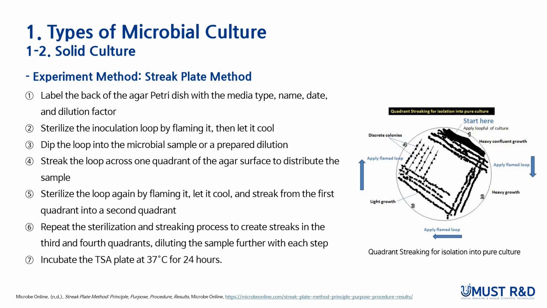As streaking progresses, the bacterial concentration decreases, and isolated single colonies can be obtained in the final section. After streaking, the TSA plate is incubated at 37 degrees Celsius for 24 hours.